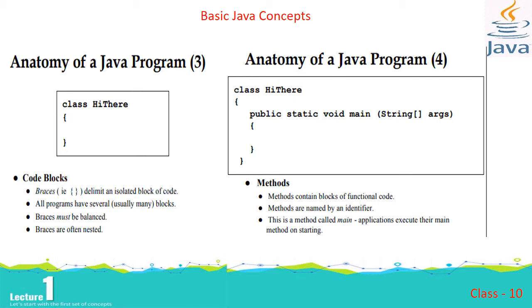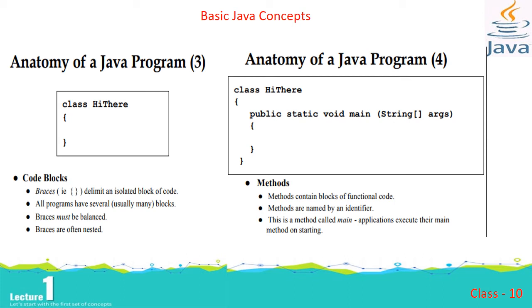Another very important part is that the braces must be balanced. The braces are often nested. Nested means there is an opening brace, and then inside this another brace opens, so that is called a nested brace. Then we have some set of statements, and then there is a closing brace.